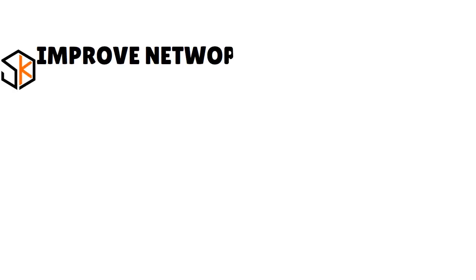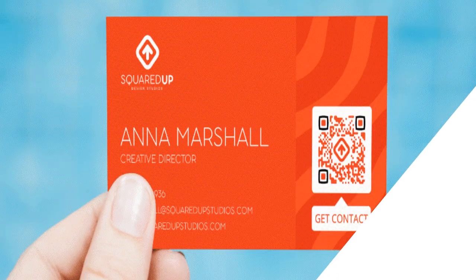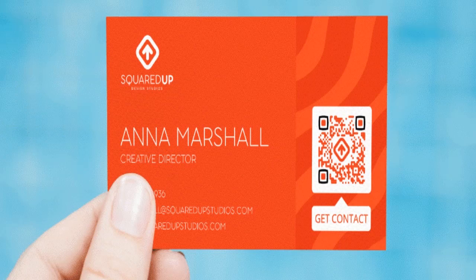First, you want to improve network connection with the V Card Plus QR code. While a business page QR code works as a digital business card for complete businesses, a dynamic V Card QR code is more of a digital business card for individuals.